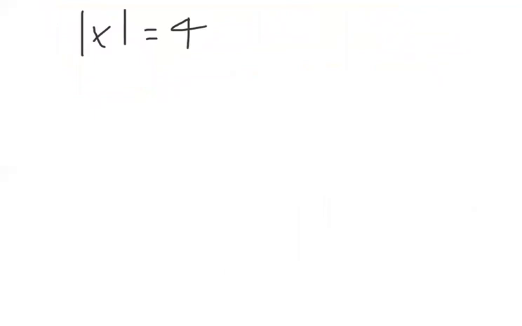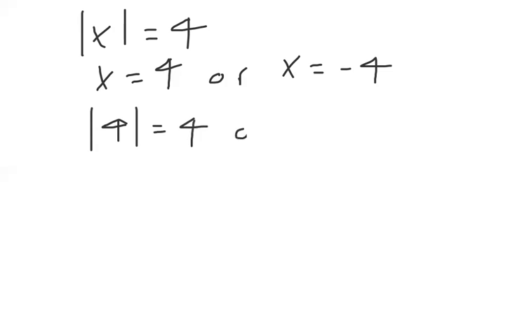So there are 2 numbers that would satisfy this one. This problem will have 2 solutions, x equals 4 or x equals negative 4. Why? Because if you take the absolute value of positive 4, you get 4, and if you take the absolute value of negative 4, you also end up with a positive 4. So there are 2 values that make the absolute value equation true.